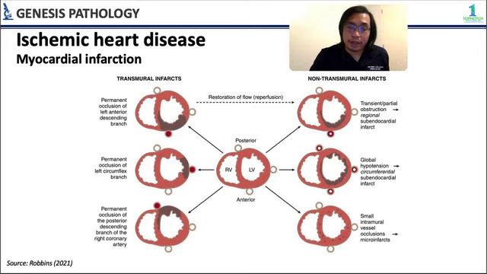When the right coronary artery is occluded, usually that's an inferior infarction. If your left circumflex is the one affected, that's your lateral infarction.